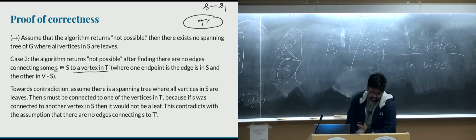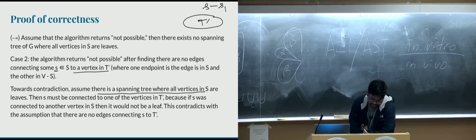So we'll also prove this using contradiction. Assume there is a spanning tree where all the vertices in S are leaves. Then S must be connected to one of the vertices in T prime. That's what we are assuming, because if S was connected to another vertex in S, then it would not be a leaf.